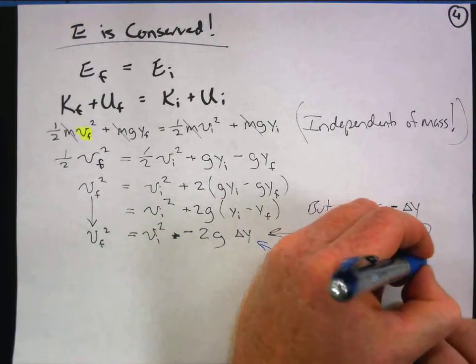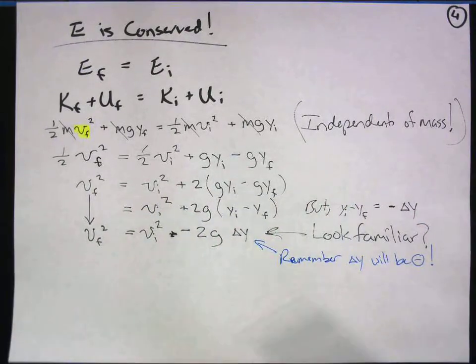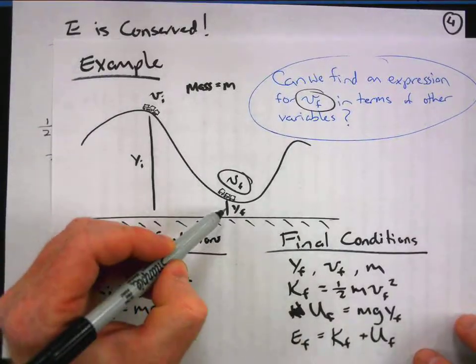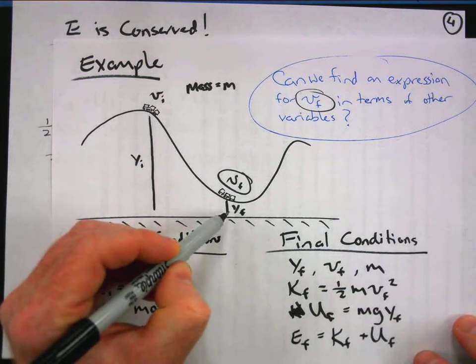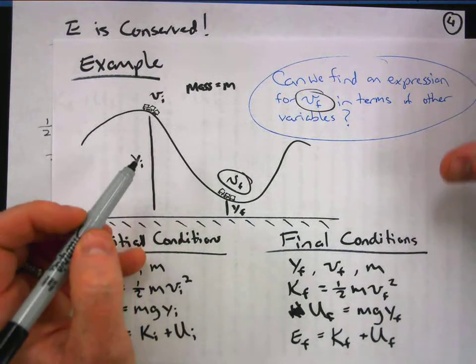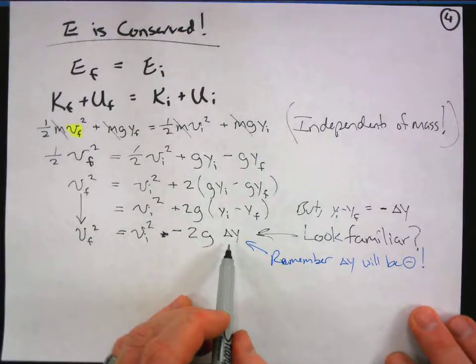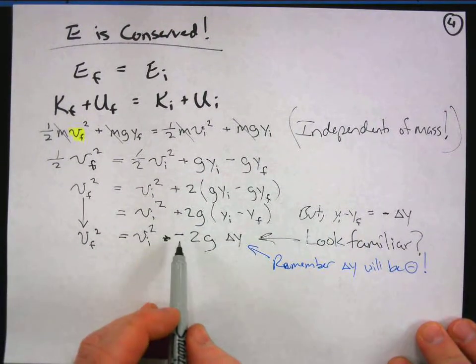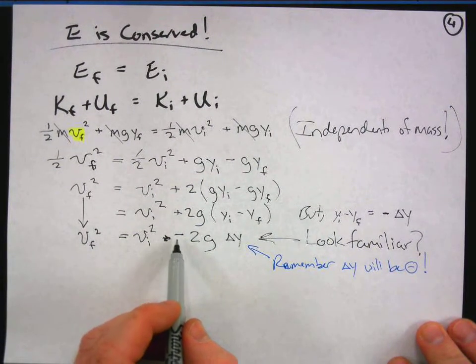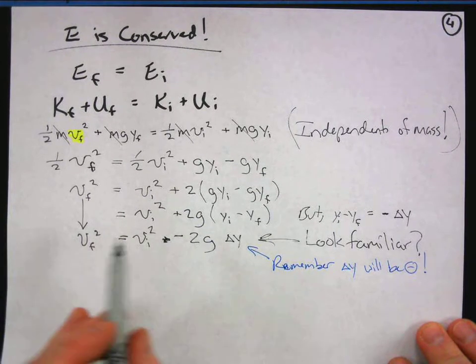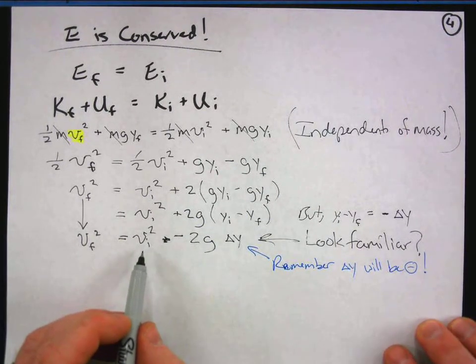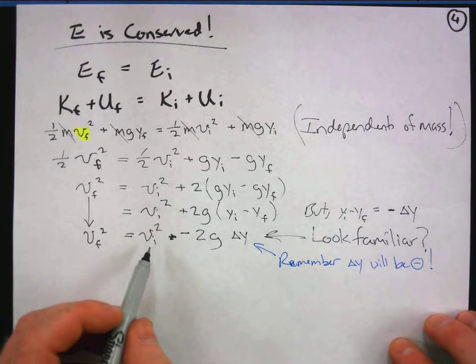Remember that the delta y is going to be a negative change in value here. Final minus initial, we're taking this small value, subtracting a large value. This delta y will have a negative value, and it will be taken care of by this minus sign, and therefore we are actually going to increase the value of our initial velocity, not decrease it. So it does work out. It's not a problem.